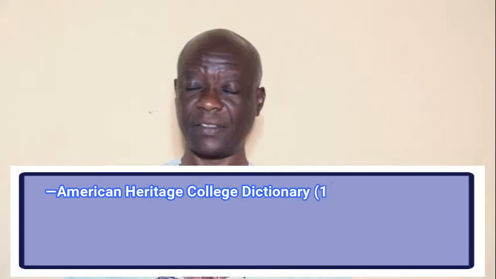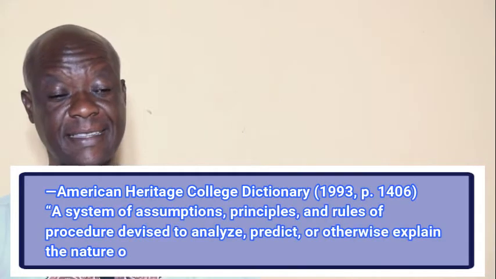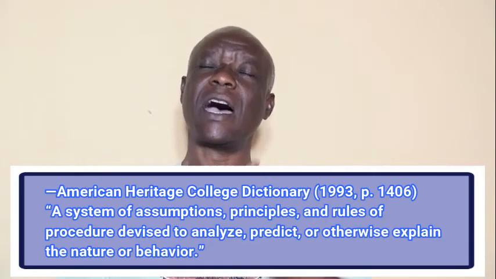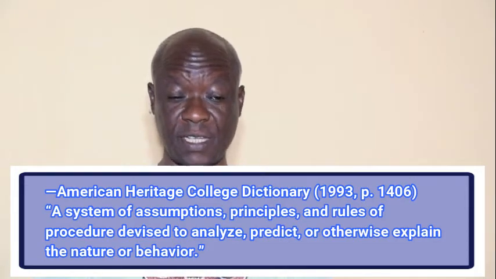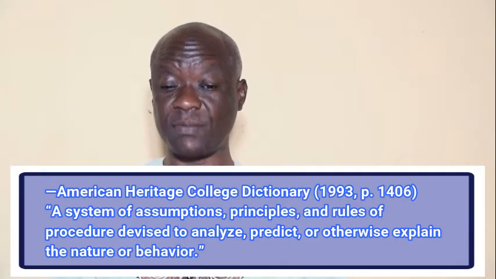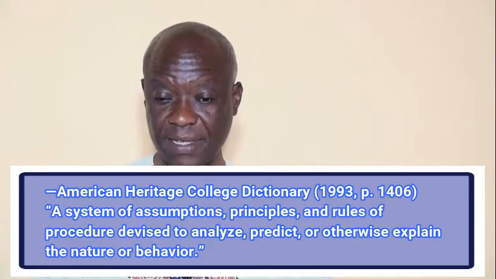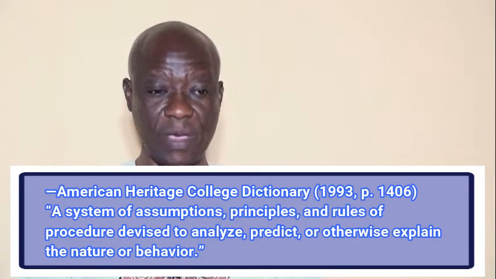So some additional theory definitions that have appeared in the literature are as follows. For instance, from the American Heritage College Dictionary 1993, a theory is defined as a system of assumptions, principles, and rules of procedures devised to analyze, predict, or otherwise explain the nature or behavior.